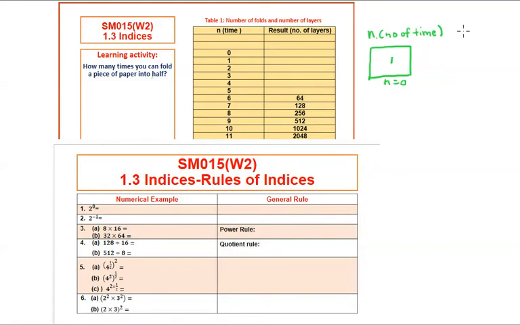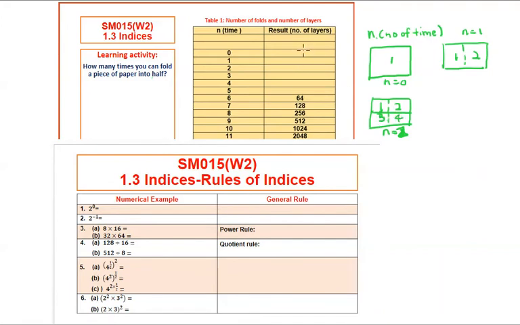Let's start now. We fold the paper in half for the first time. We get 2 layers. If we repeat this procedure, fold again for the second time, we get 4 layers. 1, 2, 3, 4.